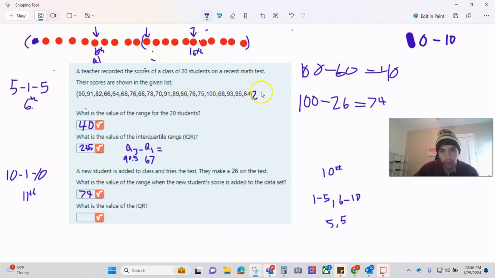So now we have the number 26. So that is the smallest. That's the first, second, third, fourth, fifth, sixth. So 68 is sixth. Seventh, eighth, ninth, 10th, 11th, 12th.